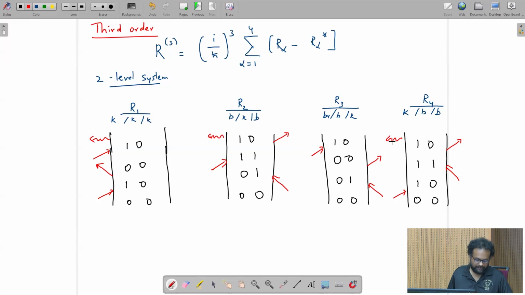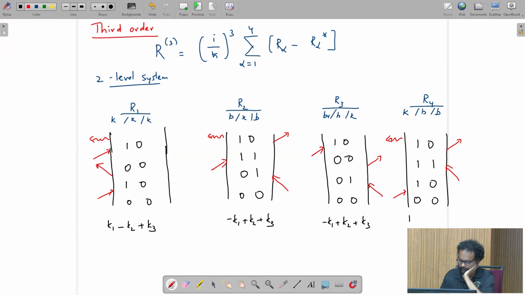Now write down the wave vector of the emission, where it will be. K1 minus K2 plus K3. This will be minus K1 plus K2 plus K3. This will be minus K1 plus K2 plus K3.